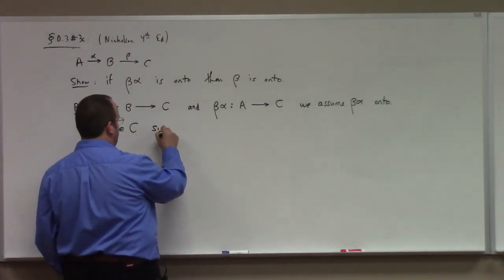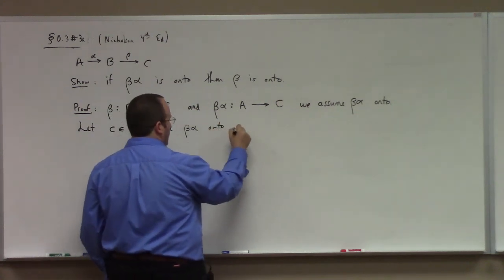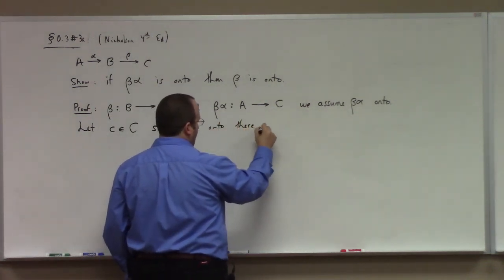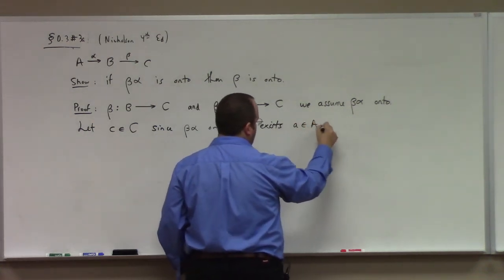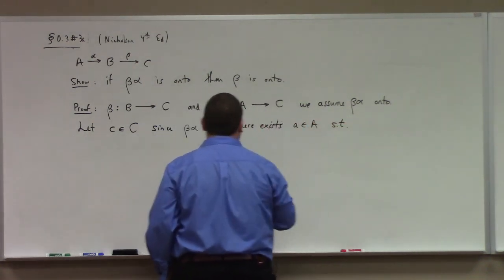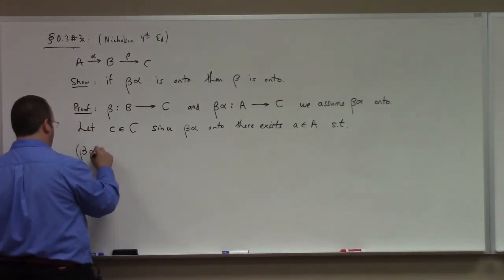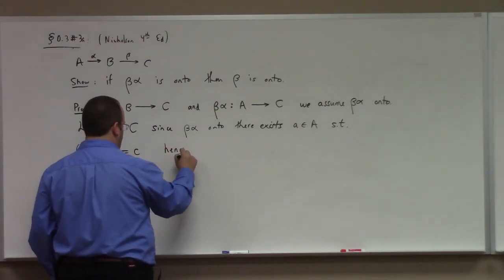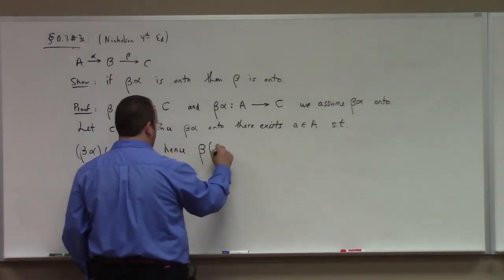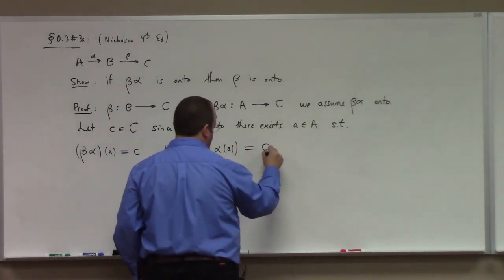Since beta alpha is onto, there exists what? A in A, right? Such that what? Such that beta alpha of a equals c. Hence beta of alpha of a is equal to c.